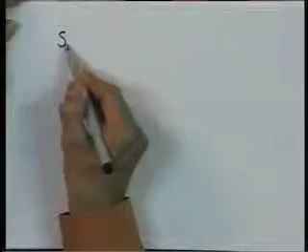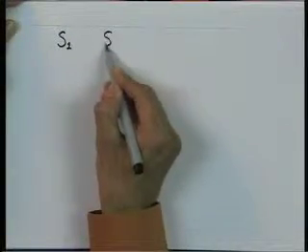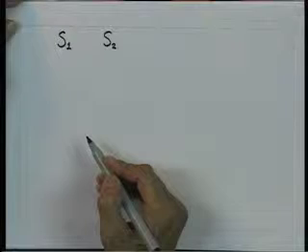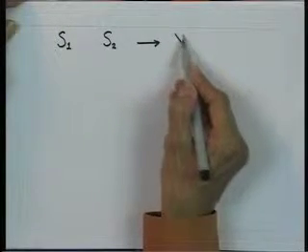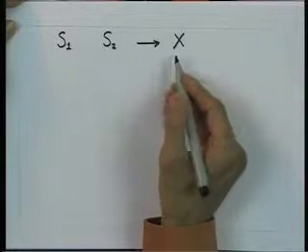Let us try to prove this by contradiction. So, let me assume that there are two sequences S1 and S2 which give rise to the same code word.